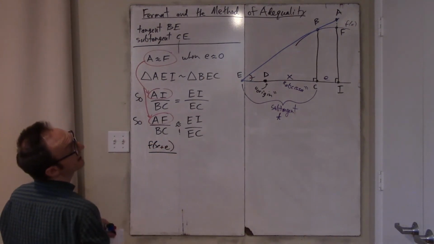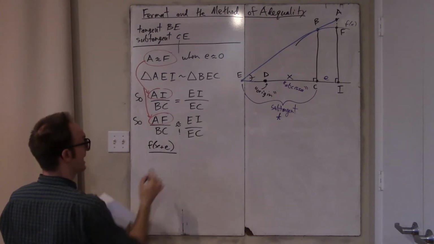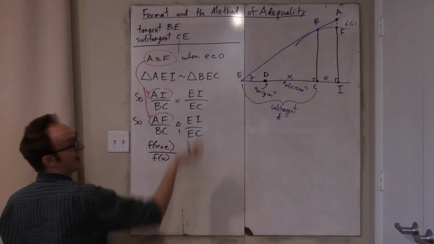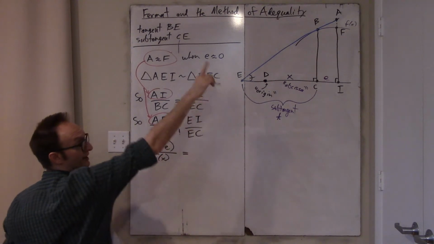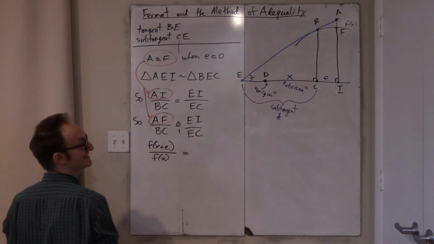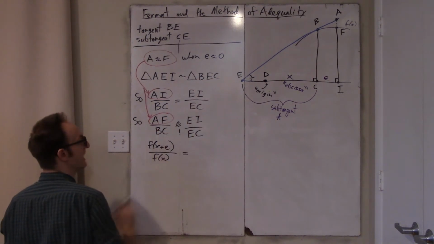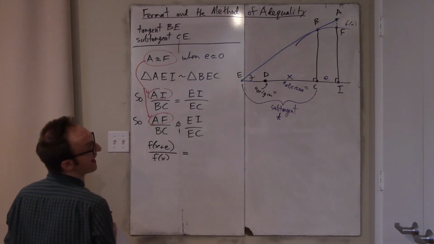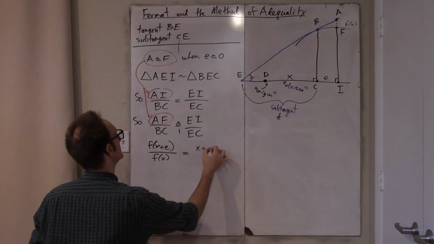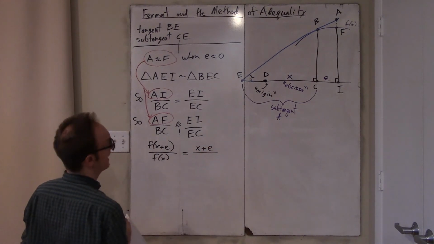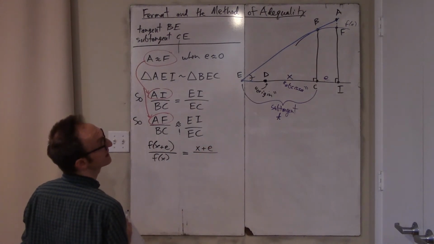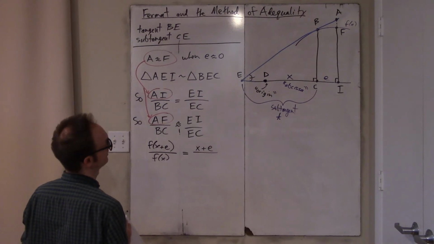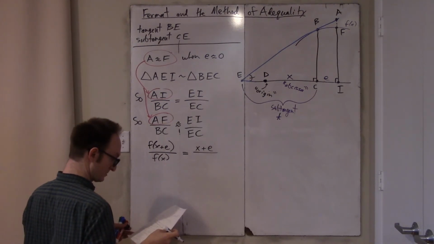And BC is actually just f of x. That's just the height of the function at x when you're x away from the origin. And what's EI? EI is x plus e. And EC is just, what?